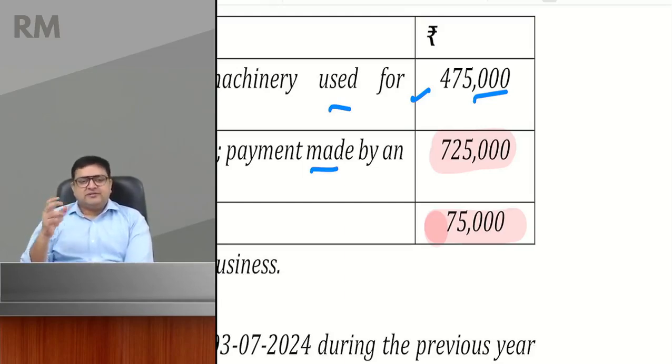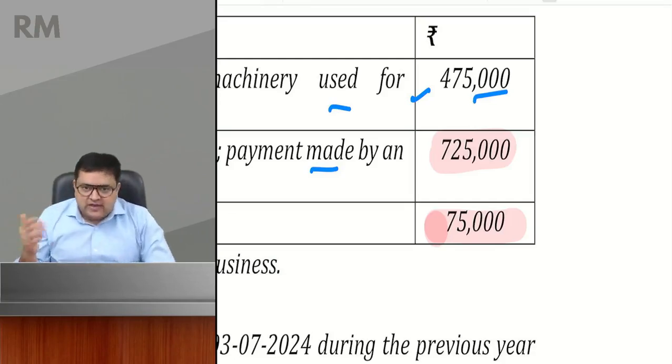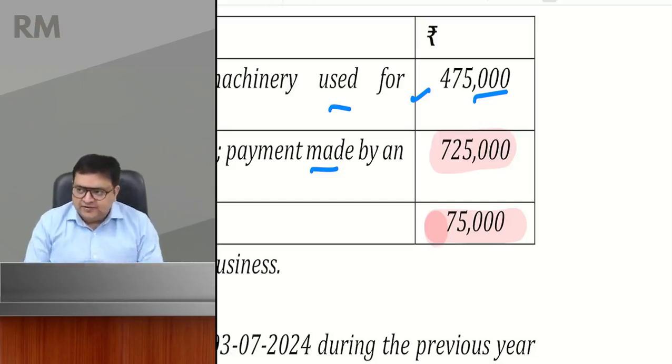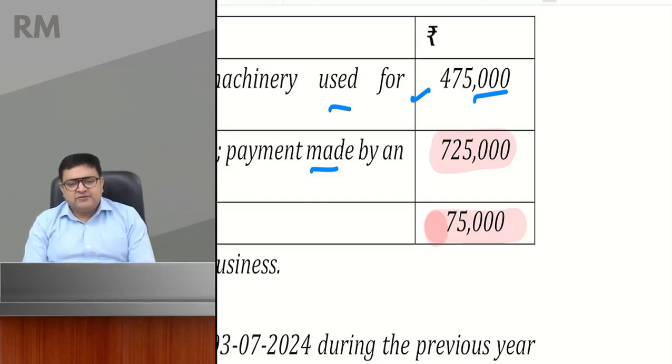If you receive a subsidy on a machine, it will not be considered as your income. Subsidy related to revenue can be your income, but subsidy related to capital assets should be reduced from the value of the cost. If it is clearly identifiable for which machine it is, it will be reduced from the cost.